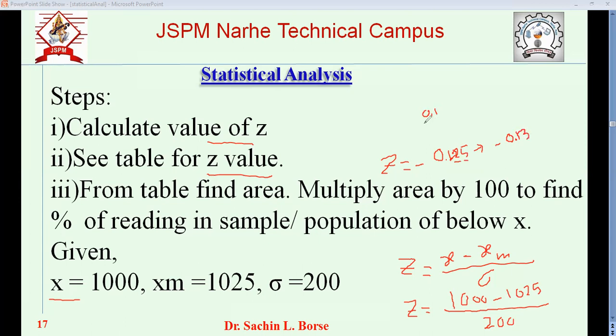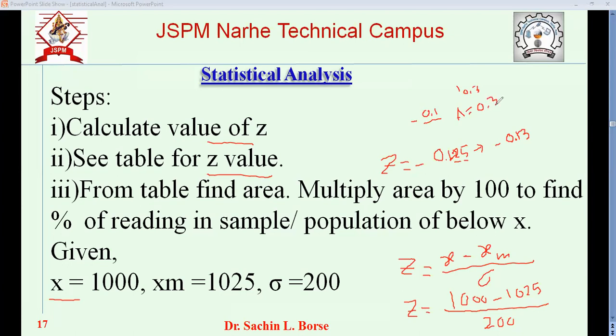In the horizontal column, we have to see minus 0.1, and in the vertical column, we have to see 0.3. So that is the value of area. How much value of area are you getting from the table? 0.3.